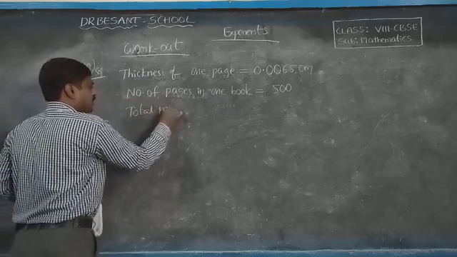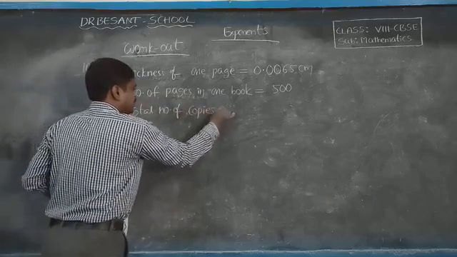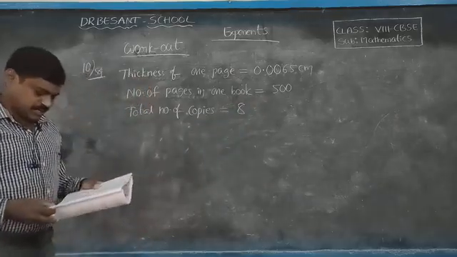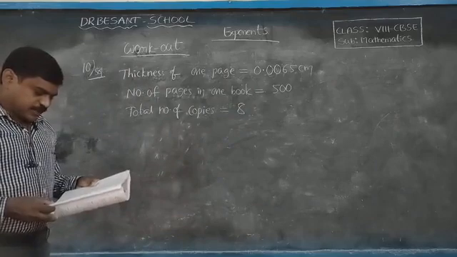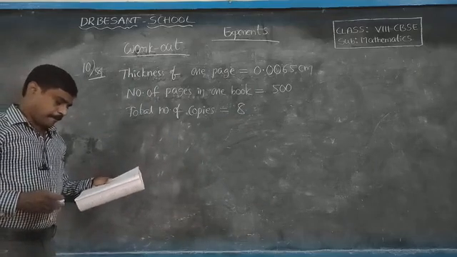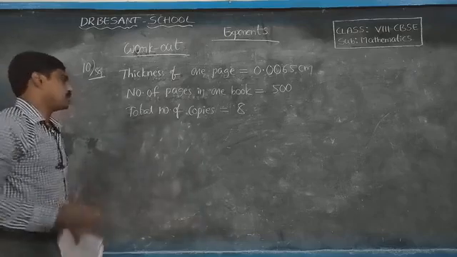Total number of copies is equal to 8 copies. Express your answer in scientific notation. What we have to find? What is the height of the stack of the books?